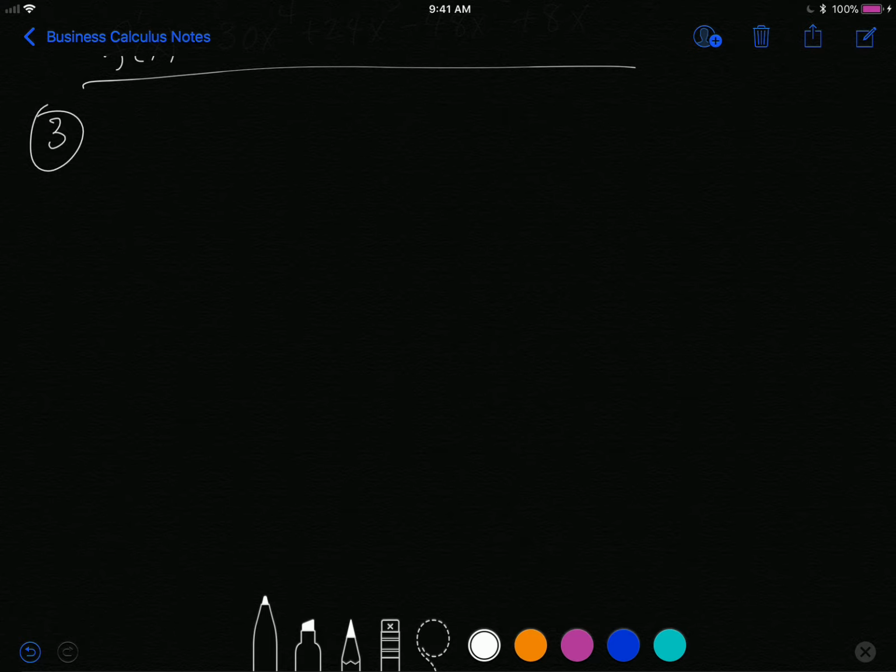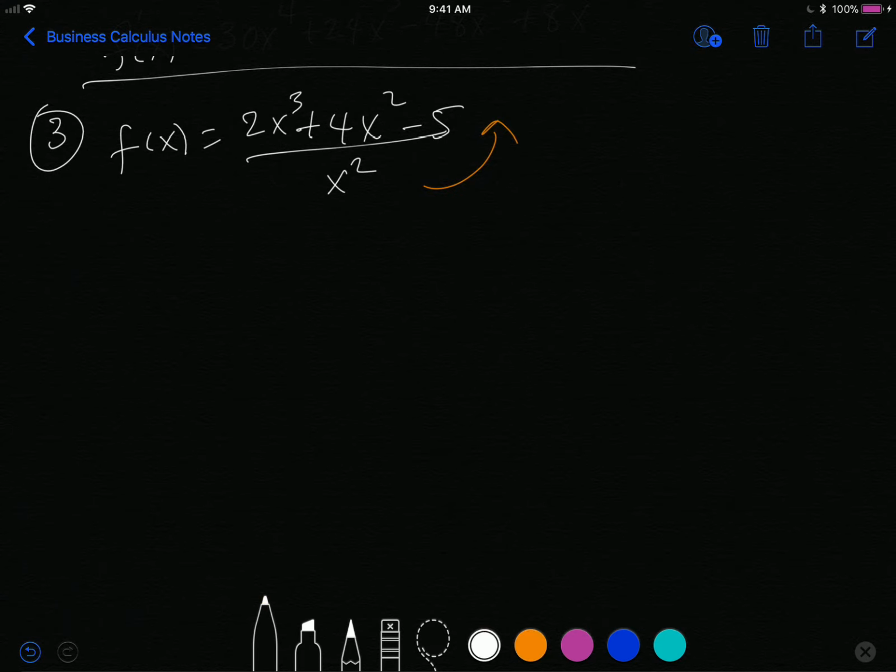I have a fraction. f of x equals 2x cubed plus 4x squared minus 5, divided by x squared. Again, you could use the quotient rule right here. Again, that's much harder. Instead, you want to move the x up and change its power.